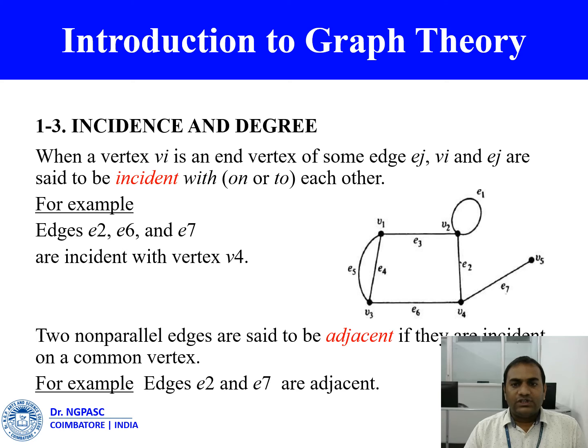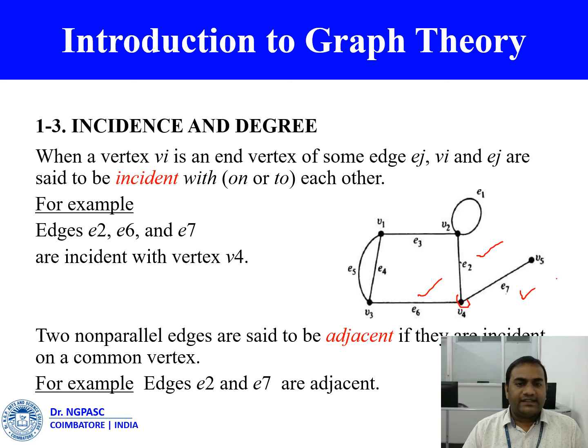For example, in this diagram, edges E2, E6 and E7 are incident with V4. That means 3 edges connect with the single vertex V4, so we say they are incident with vertex V4.